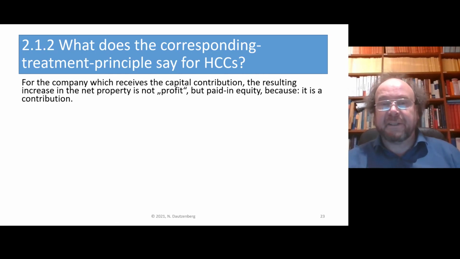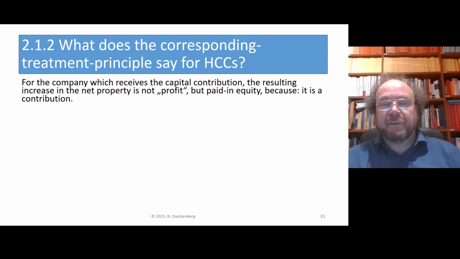Somebody deducts money, let's say 1 million as expense, so that money leaves the shareholder and has lowered the shareholder's taxable income. And now the recipient doesn't qualify it as income, but as a contribution. So you turned 1 million effectively into untaxed income, completely untaxed income within a group or within the relationship shareholder company. That's bad.